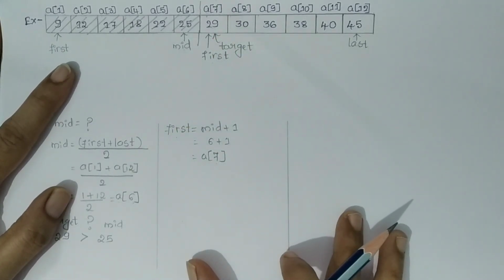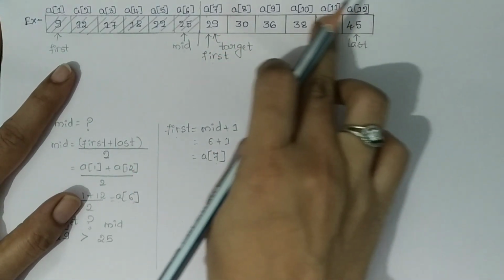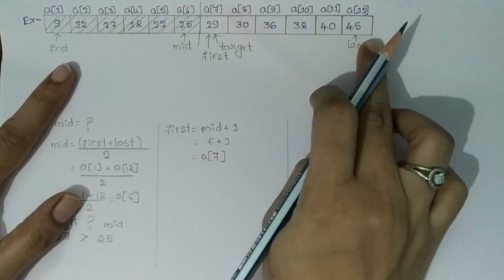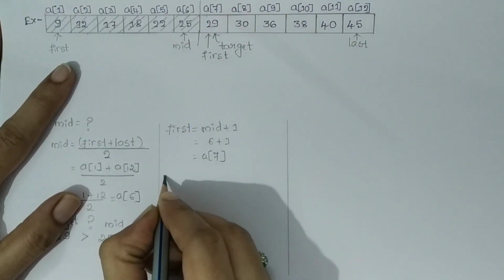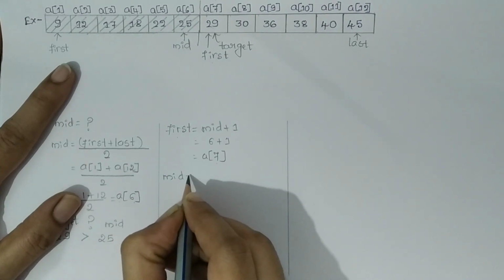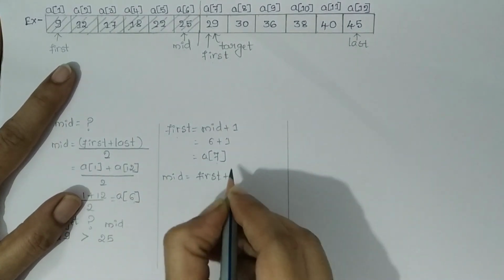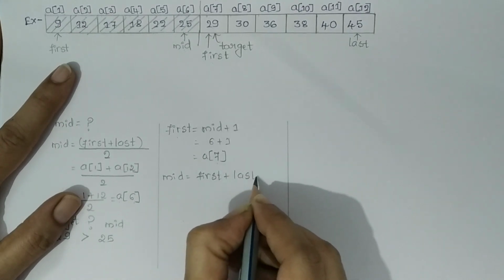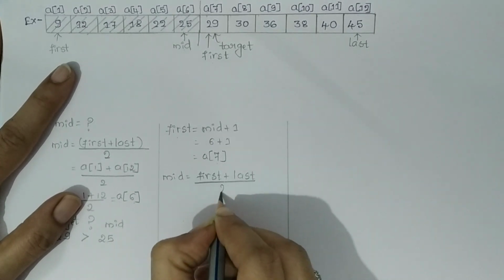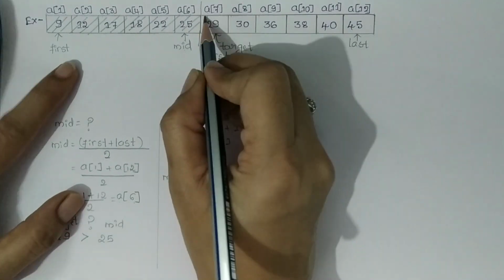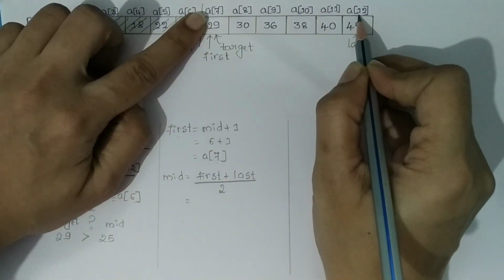Now what we have to do? We have to find out the middle of the list now. So to find the mid of the list, what is the formula? Mid equals first plus last divided by 2. First is 7 and last is 12.